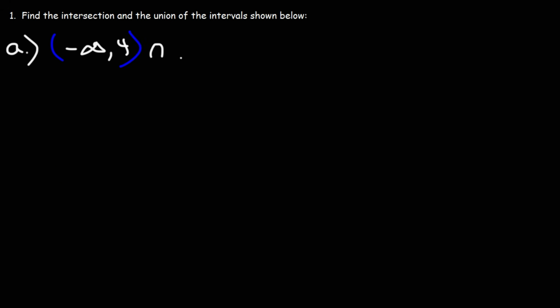And then we're going to find the intersection between that interval and this one, 2 to 7. Go ahead and work on that example. And then for part B, we're going to find the union of the two intervals.